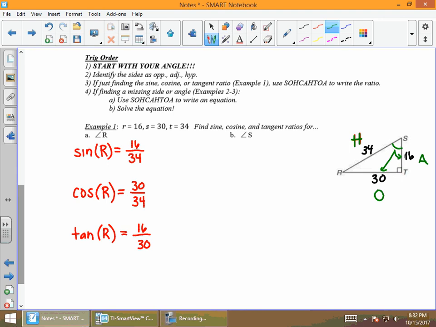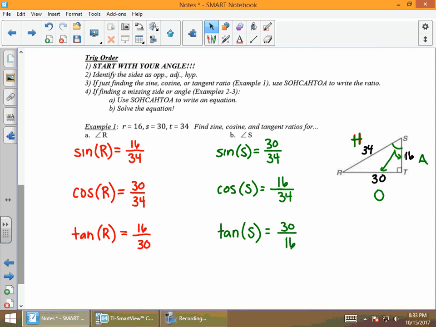So now to find these ratios, the sine of angle S, sine is opposite over hypotenuse. So O is 30 over H, which is 34. The cosine of angle S is adjacent over hypotenuse, so the adjacent side is 16 and the hypotenuse is 34. The tangent of angle S is the opposite, 30, over the adjacent, which is 16.